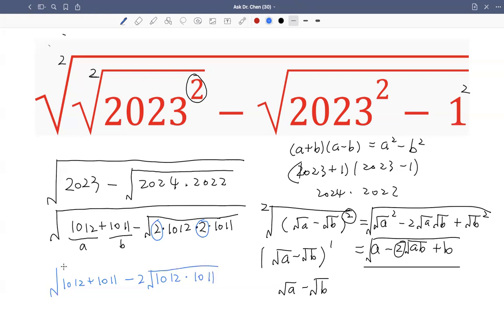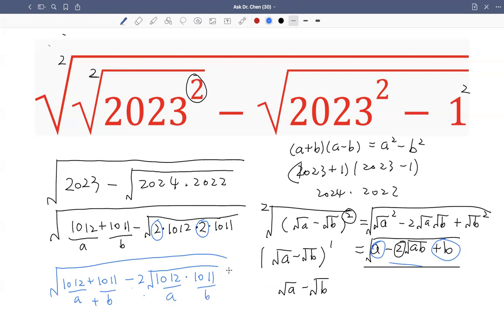So now A and B are obvious. This is A, this is B. We have A plus B here, and now minus 2AB, minus 2 times A times B.